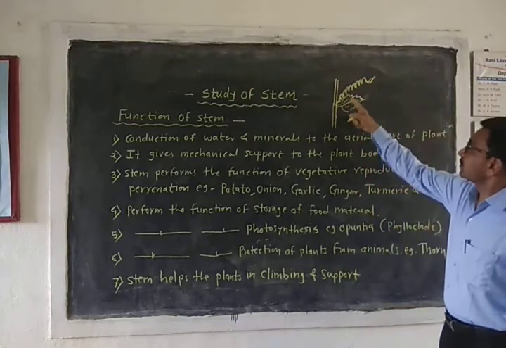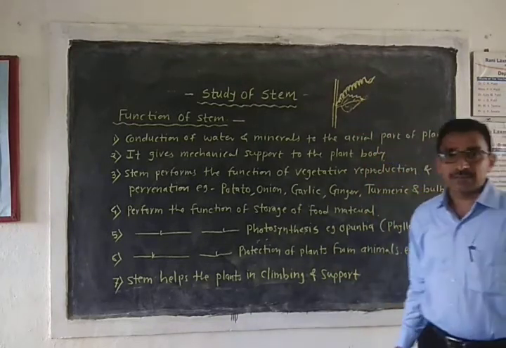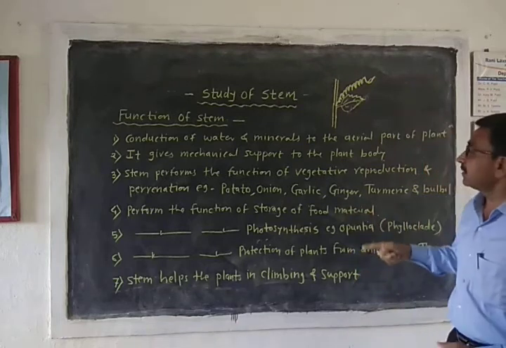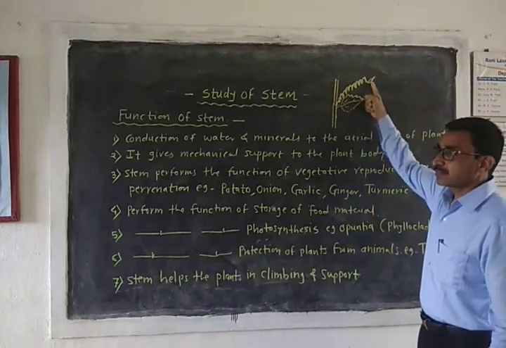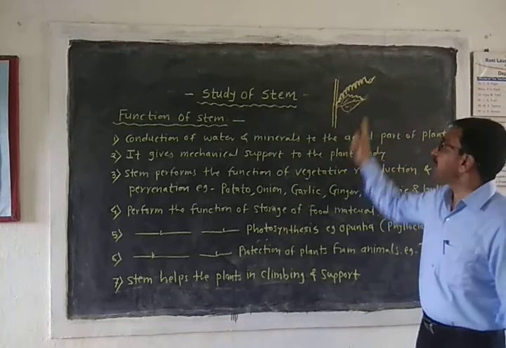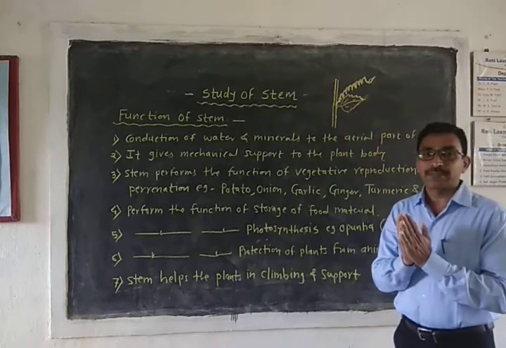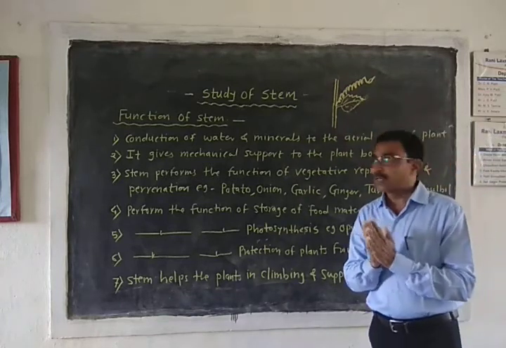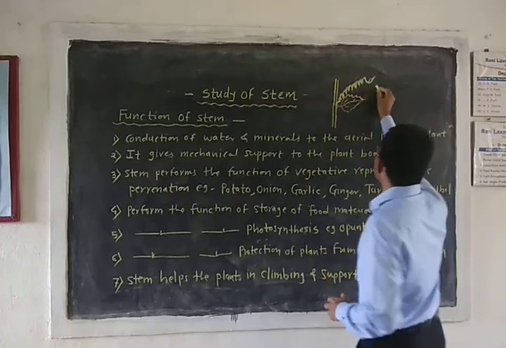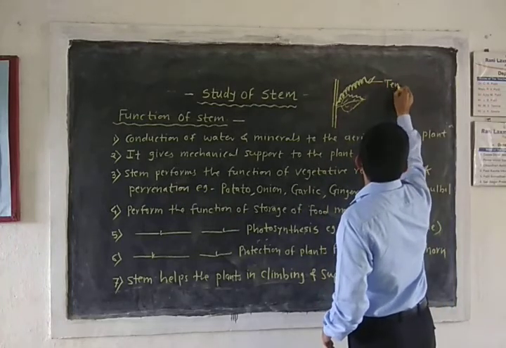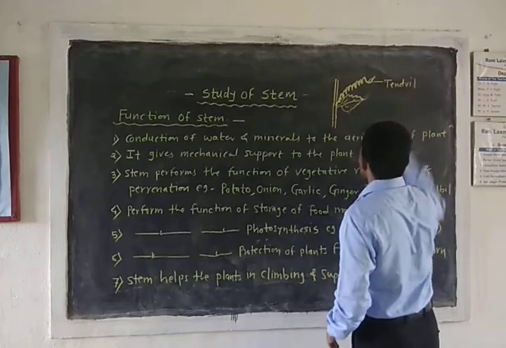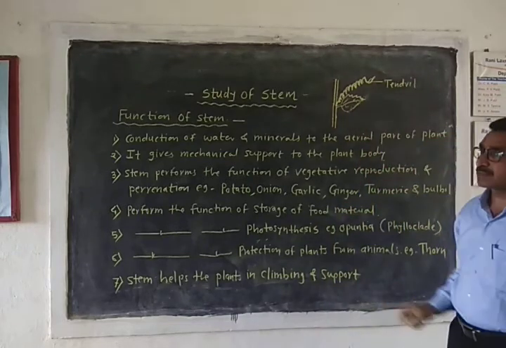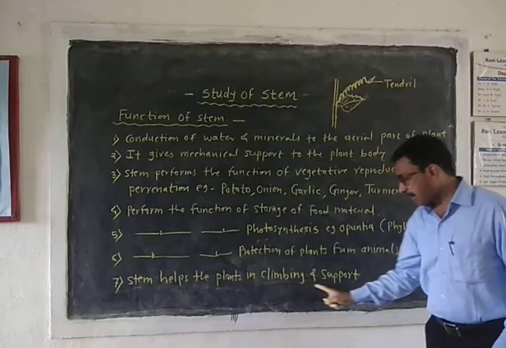Such a coiled wire-like structure arises, which is very sensitive. When it comes in contact with an object, जेव्हा हे जे tendrils आहेत, it is called as a tendril. It is a modification of stem. हे स्टेमचं मॉडिफिकेशन फॉर द पर्पज ऑफ क्लाइम्बिंग अँड सपोर्ट.